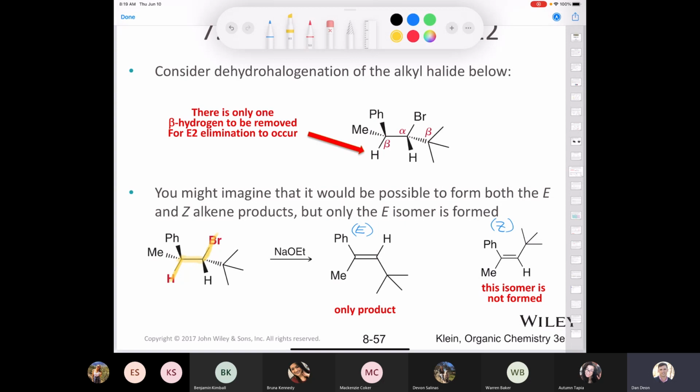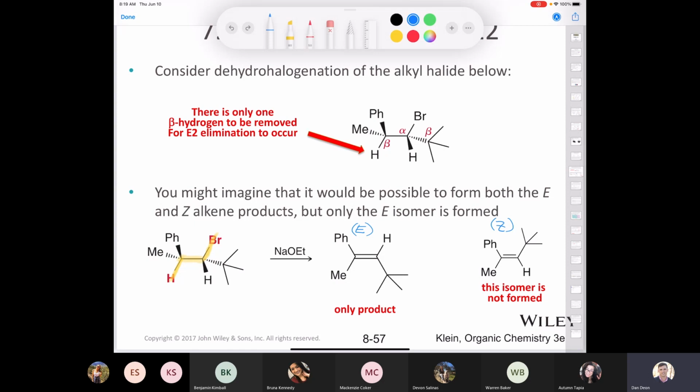You see how all these three bonds that I have the yellow highlighter on, they're all in the plane of the screen or the page, whatever you're looking at, right? You see how the phenyl is coming out, the methyl's going in, the hydrogen's coming out, the tert-butyl's going in, but everything that I have the yellow highlighter on, they're all in the same plane, and then they have to be kind of like trans to each other.